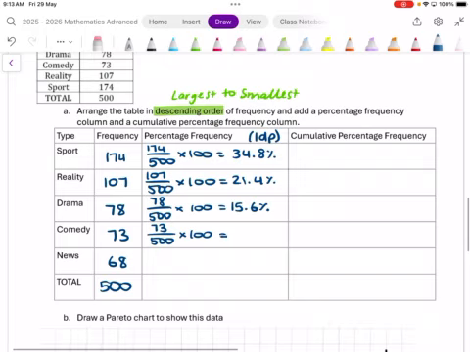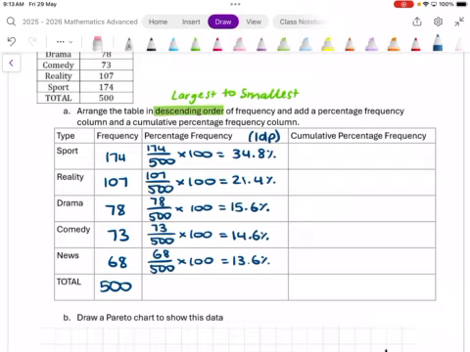We get 14.6%. And then we have news is 68 out of 500 times by 100, which is 13.6%. Once we have now calculated these percentage frequencies, we can then calculate our cumulative percentage frequency.